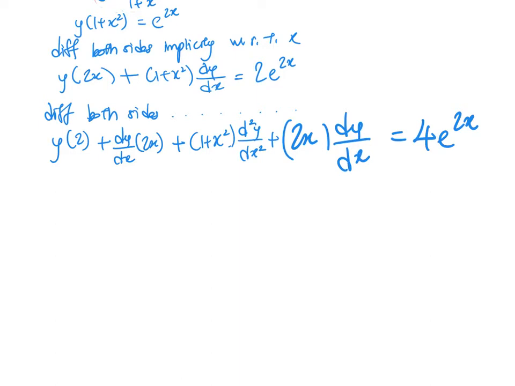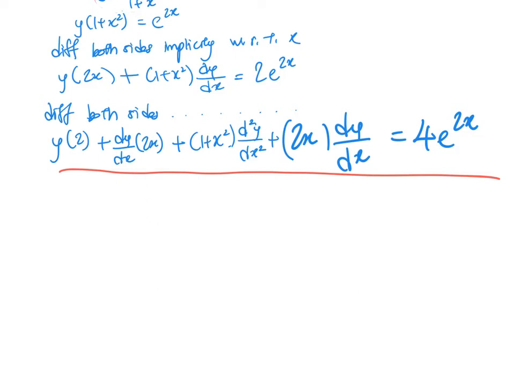Okay, now the fact that the question asks you to find the Maclaurin series up to and including x cubed means that you need to somehow have d3y dx cubed materializing out of something. Okay, and how do we do that? It's quite clear that from this expression, the one that's underlined in red, you are to differentiate this expression one more time so as to have d3y dx3 materializing.